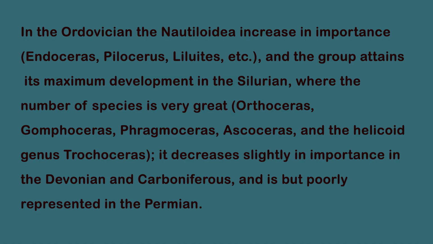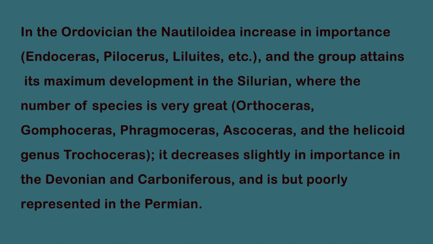In the Ordovician, which follows right after the Cambrian, the nautiloid population increased in importance. So, you get a huge number of nautiloids in Ordovician time, and the assemblage includes Endoceras, Piloceras, Lituites, etc. This group attains its maximum diversity and development in the Silurian, in which the number of species is greatest.